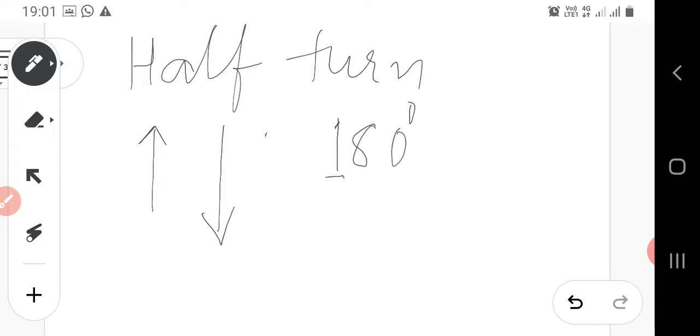So 180-degree angle turn is also called half turn. In half turn a shape totally turns upside down.